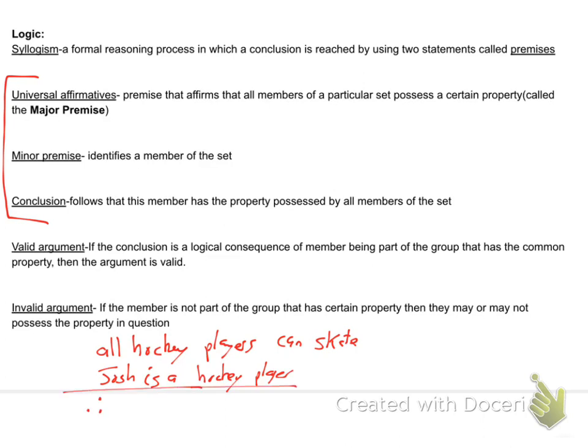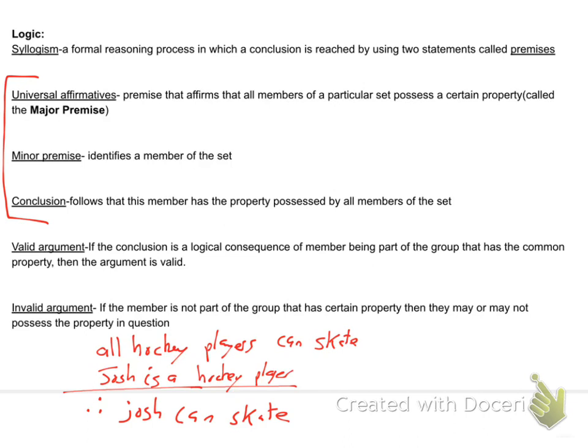Therefore, what? Guys, three dots means therefore. Therefore, Josh can skate. That would be considered a valid argument. Correct. Because Josh is a hockey player, a member of the group that can skate. Okay. Everybody have that written down?